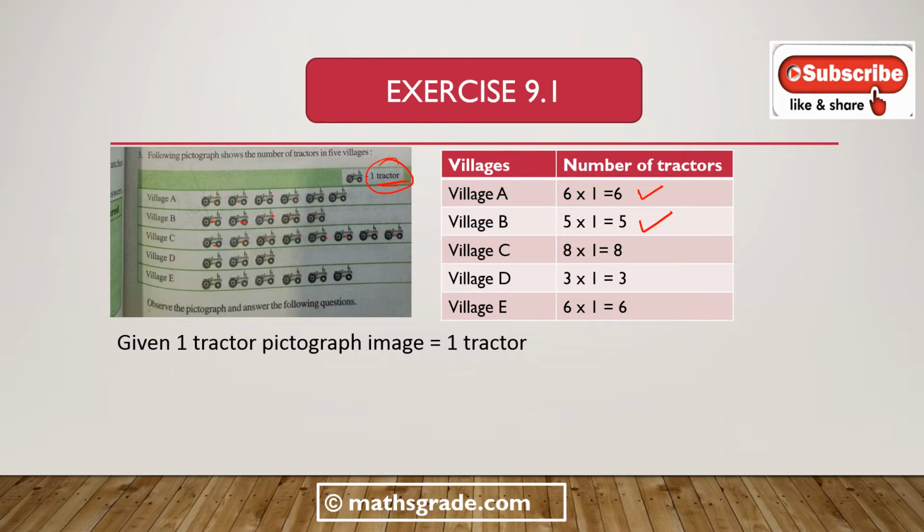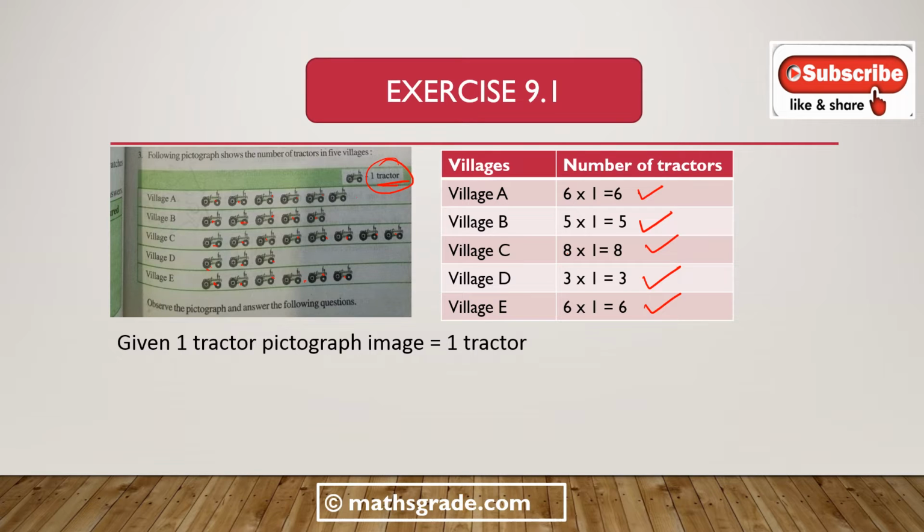There are 8 tractor images in village C, so 8 multiplied by one tractor, that is 8 tractors in village C. Village D has 1, 2, 3, 3 tractor images, so 3 tractors in village D. And village E has 1, 2, 3, 4, 5, 6, 6 tractor images, so 6 tractors in village E.